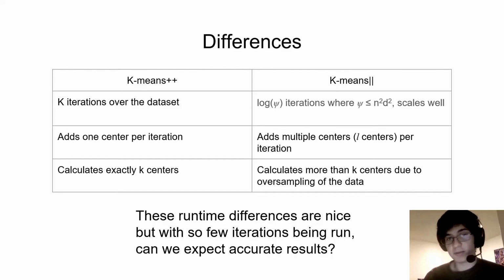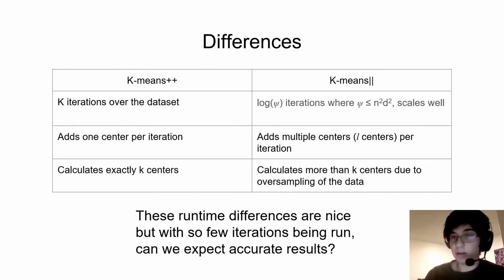And this is due to the fact that k-means plus plus adds 1 center per iteration, and k-means parallel adds L centers per iteration. Another important thing about the L centers is that you want L to be around K or greater, and so this guarantees that you're sampling enough of your population.